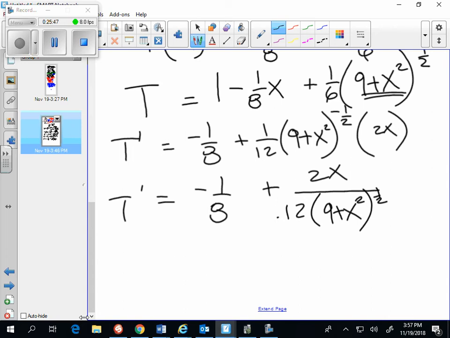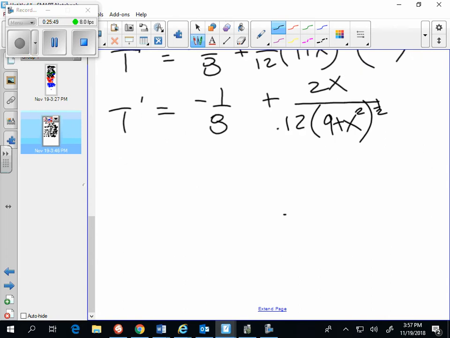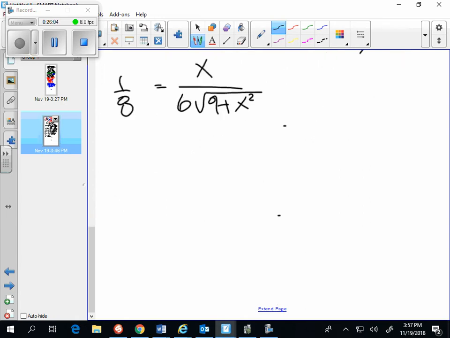Okay, so let's set this derivative equal to 0. And we'll add 1/8 to both sides and get, and some canceling, and get x over 6 square root 9 plus x squared. And if I cross multiply now, 6 square root 9 plus x squared over 8 equals x.